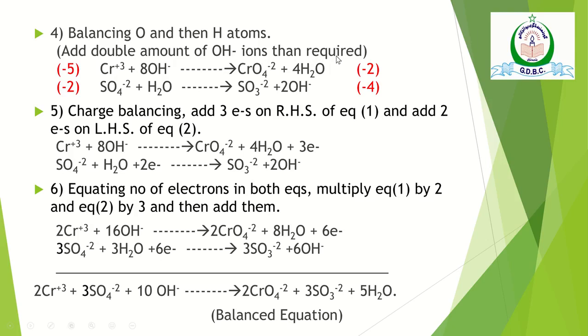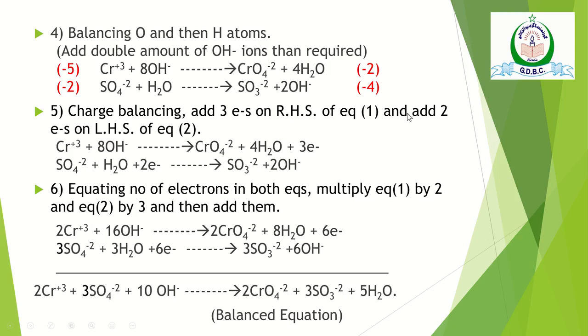So this will make it easy for balancing oxygen and hydrogen atoms. As I have told you earlier in the rules, for a basic medium equation, we need to balance oxygen atoms by putting hydroxyl groups, and we need to balance hydrogen atoms by putting water molecules.